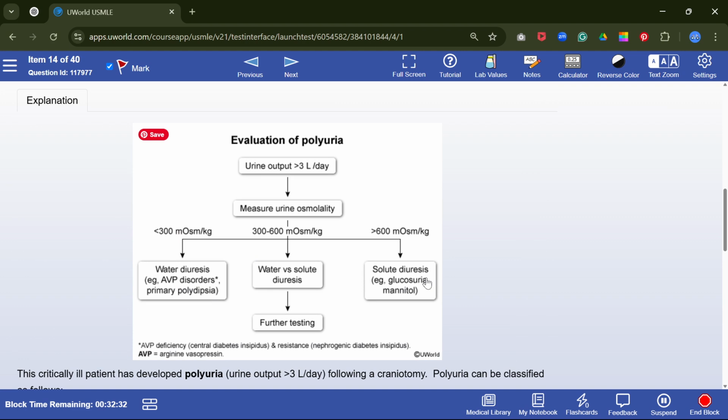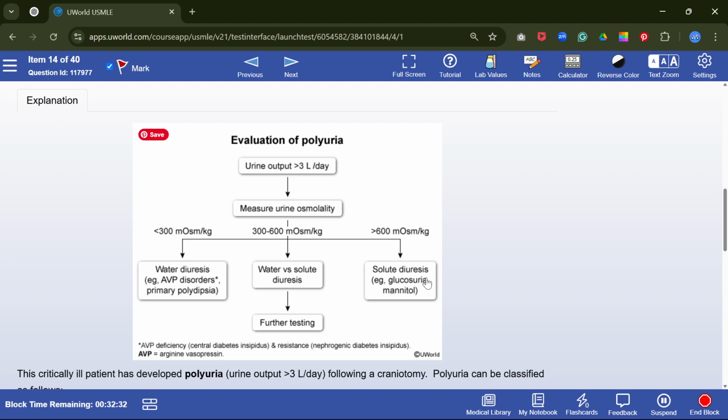Very hard to remember. Okay, there are plenty of boxes. Okay, and renal also hates us.